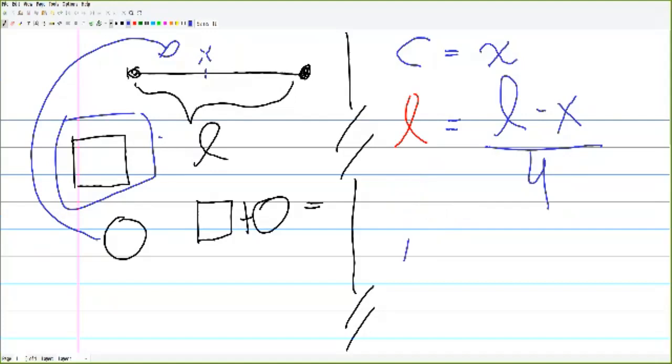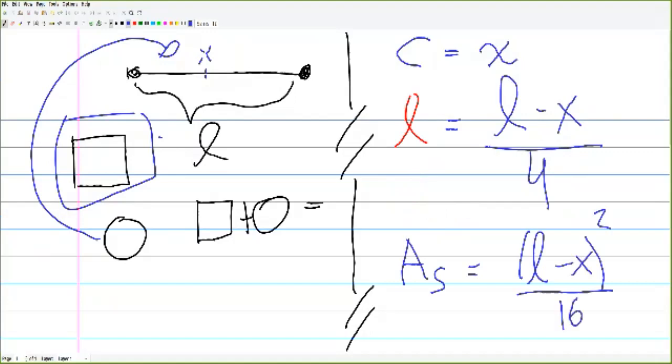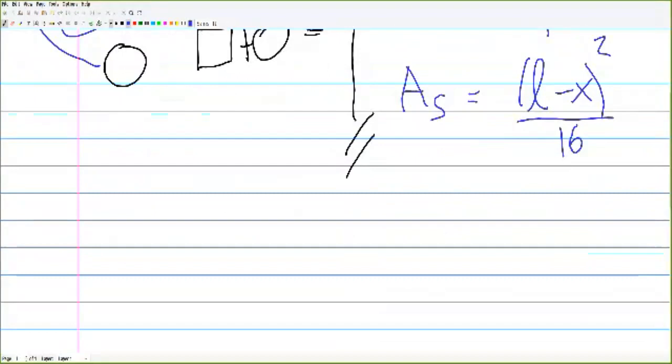So the area of the square is equal to (L minus X) squared divided by 4 squared, or 16. Okay? That's the area of the square.